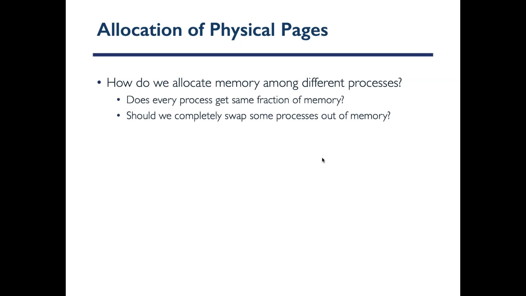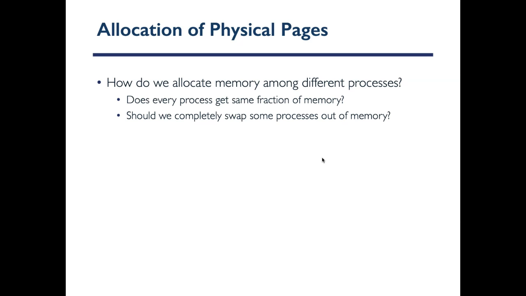Now, one question that we have to answer is how much physical memory should we allocate to each application? Should we set a fixed fraction of memory for each application?